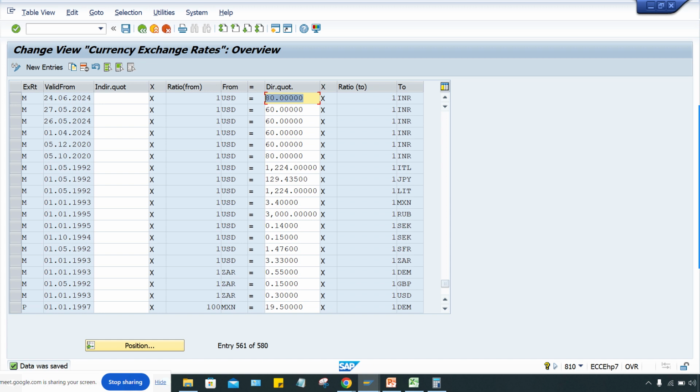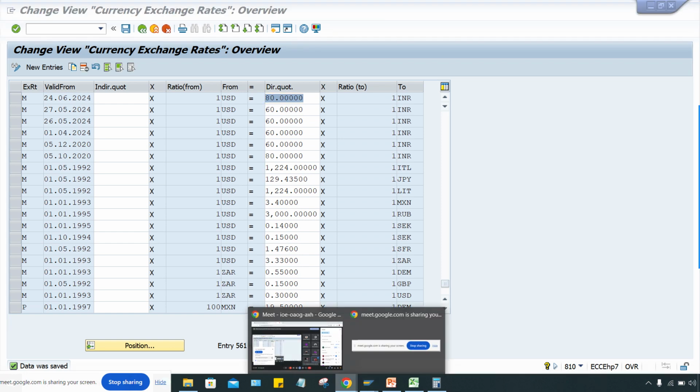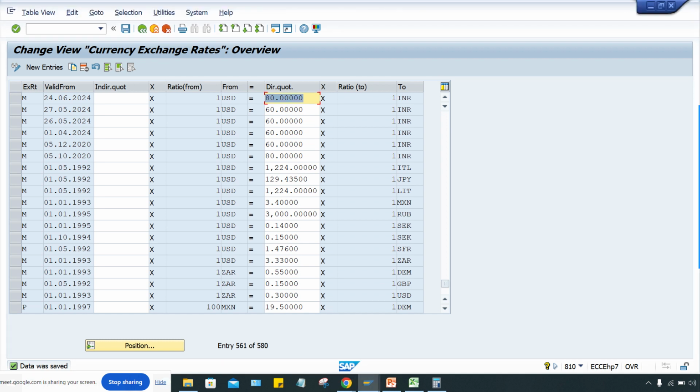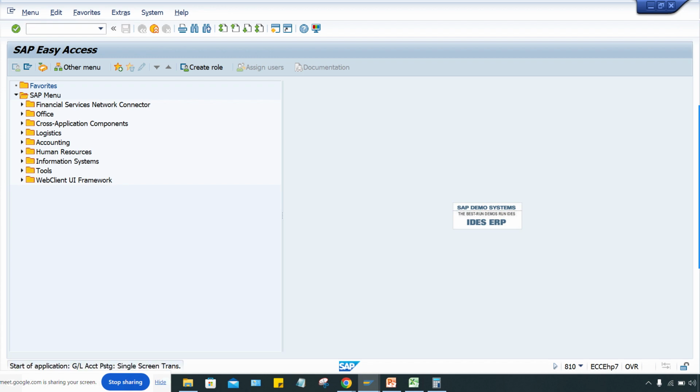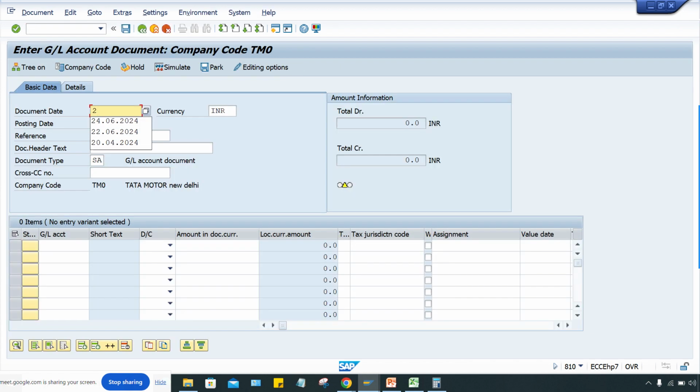Then just go to FB50 and let me check whether 1 USD itself is 80.